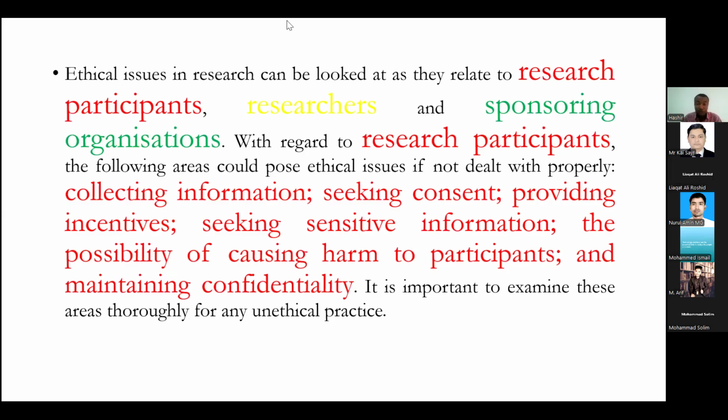If they said, I want to go anonymous, let them go anonymous. If they say, I don't want to talk, please don't make them talk. If they say, I have something to say, but please, if I say it, my life would be in danger. If you cannot protect them, don't force them to say it. Now, the next one says, the possibility of causing harm and maintaining confidentiality. Don't tell anyone.